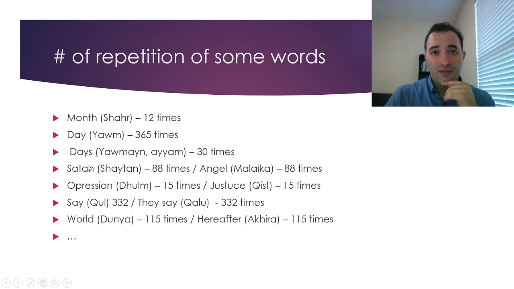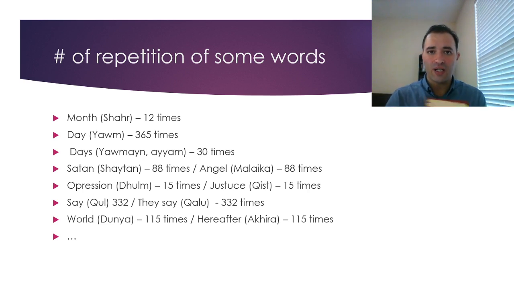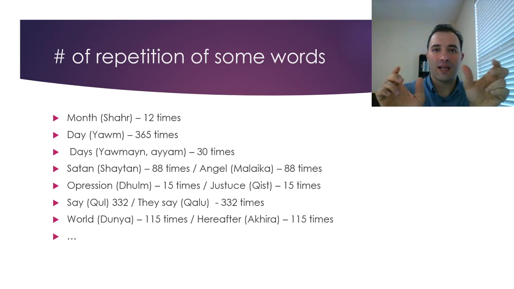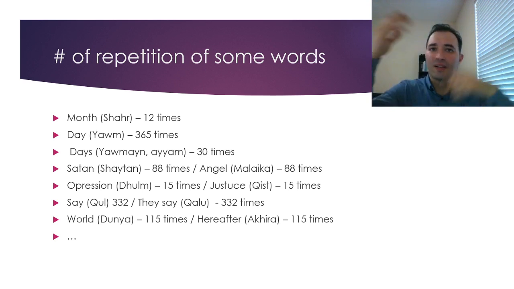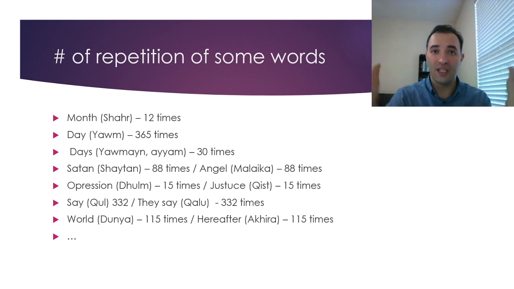The word Satan, shaitan in Arabic, is repeated in the entire Quran 88 times, and that is the same number as the word angel, malaika, again repeated 88 times. Satan and angel appear in different verses, because no single verse mentions both. So the total of each of those words is 88.